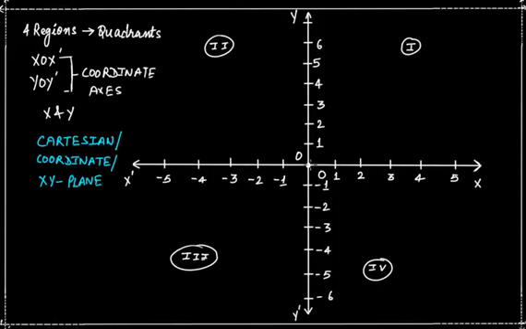This is the origin of this plane, and we have four quadrants, and this plane has been divided into four regions called quadrants due to these coordinate axes.